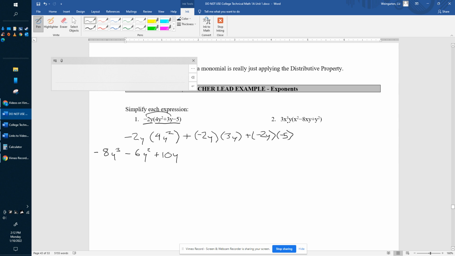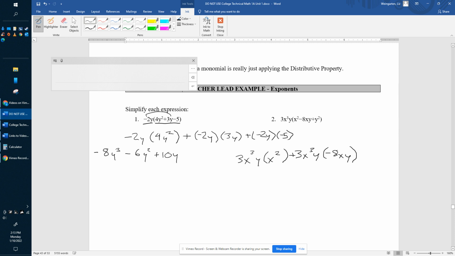We're going to distribute this whole ugly thing to each of these three items. So let's start. We have 3x cubed y times x squared, plus 3x cubed y times, and this is a negative because it's minus, negative 8xy.